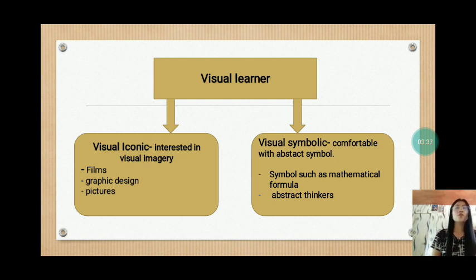But if you are a visual symbolic person, you are comfortable with abstract symbols, such as mathematical formulas and written words. It is the opposite of visual iconic, because they would prefer to read a book rather than a map.